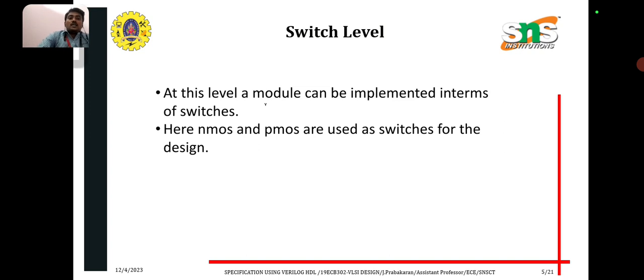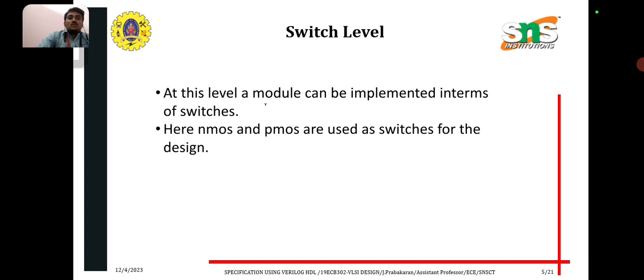Switch level modeling is used to describe the functionality of digital circuits at a level that involves individual switches and transistors. It is a more detailed, realistic representation of how the logic gates and other components are interconnected and function within a circuit. Switch level modeling can be more complex and detailed than higher level abstractions.